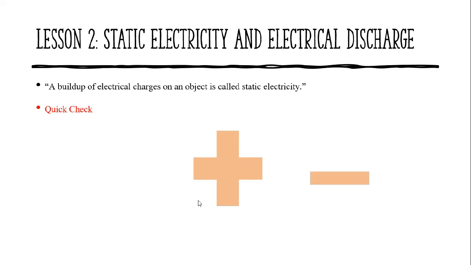So, a buildup of electrical charges on an object is called static electricity. So when the balloon was rubbed on the wool, there was a buildup of charge, right? We said that negatively charged particles tend to move more freely than positively charged particles, and this is what was happening in the balloon.